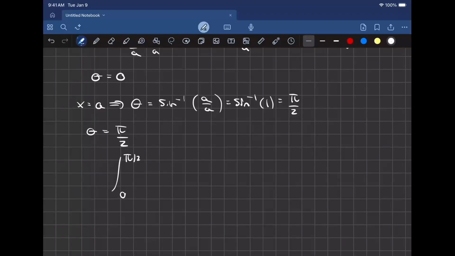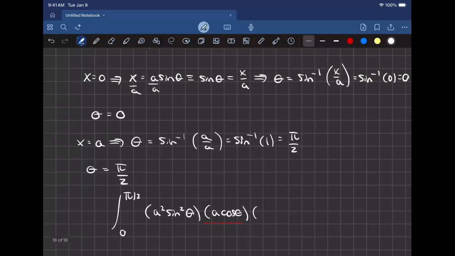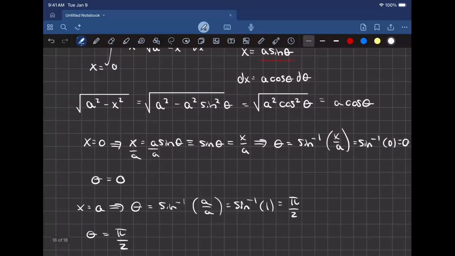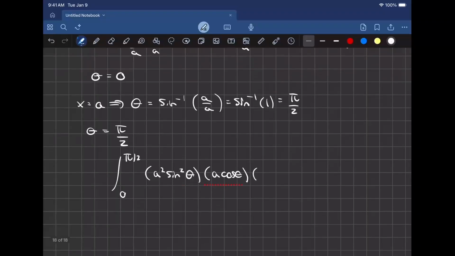All right, so those are our new bounds. So this x squared term in the front is a squared sine squared theta. It's the square of our substitution. The square root became a cosine theta. And then we have our dx, which is a cosine theta d theta.